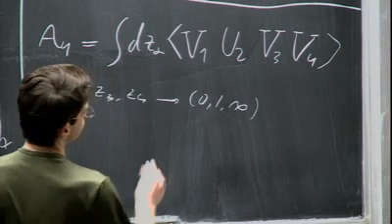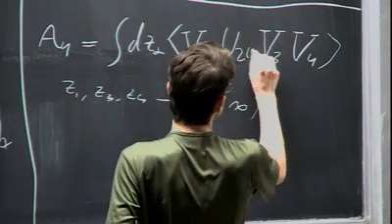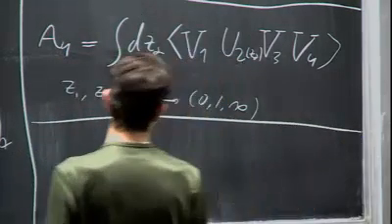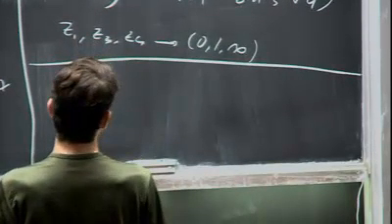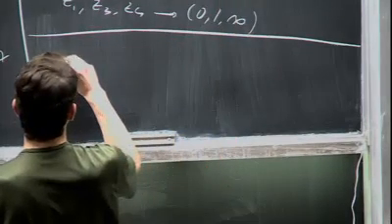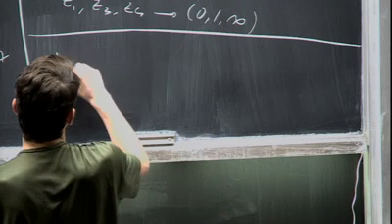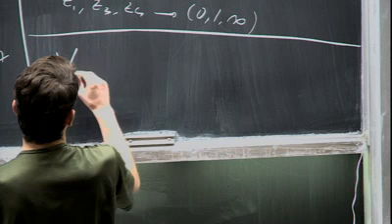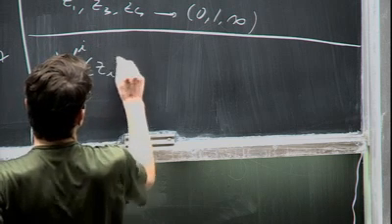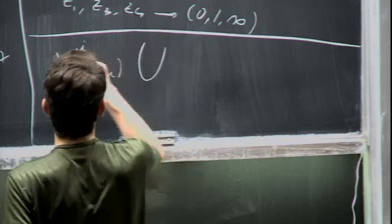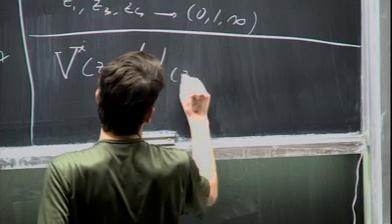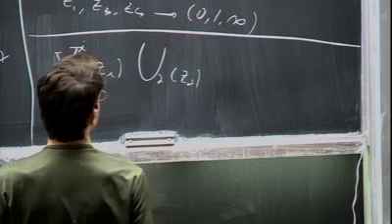Okay, so from this expression, we know that we need to compute just one type of correlator or OPE between V_i at position z_i and U2, in this case U2 at position z2.